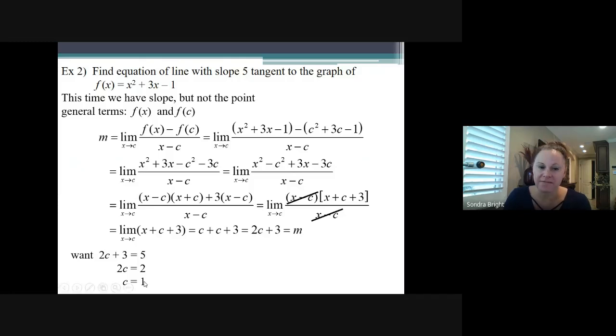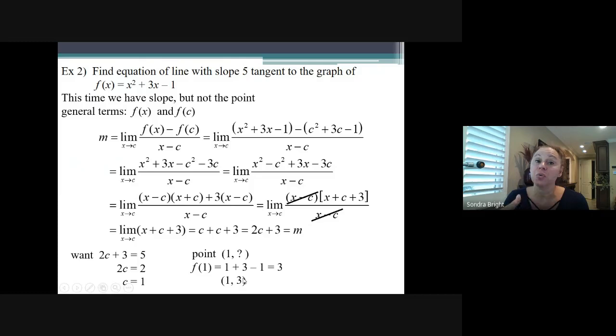To find the y value, because we need the point, you'll plug this 1 into your f of x. So f of 1 would be 1 squared plus 3 times 1 and then minus 1, and you end up with 3. So the point on this curve that has a slope of 5 would be 1 comma 3.